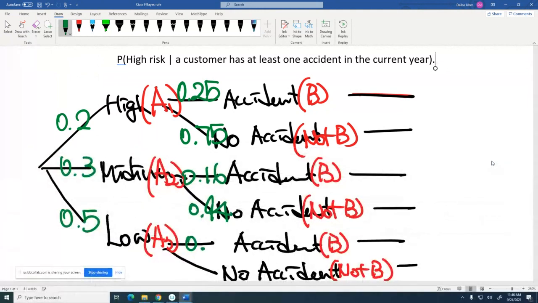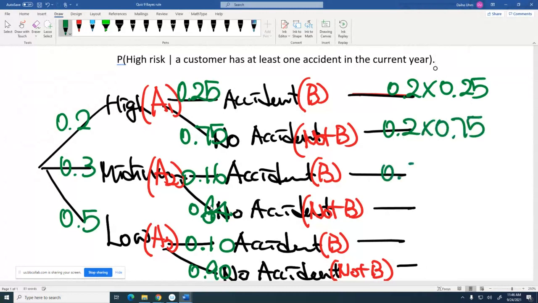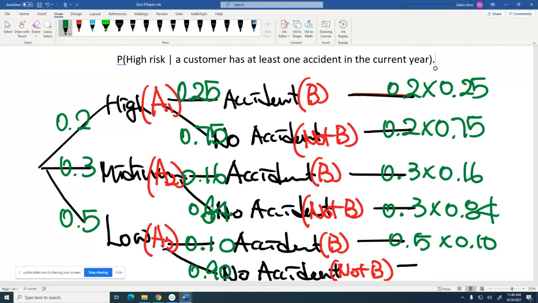No, the second one that you just did, the 0.16, should be 0.84. And the next one? 0.1, and 0.90. And then we got 0.2 times 0.25, 0.2 times 0.75, 0.3 times 0.16, 0.3 times 0.84, 0.5 times 0.10, and 0.5 times 0.9.